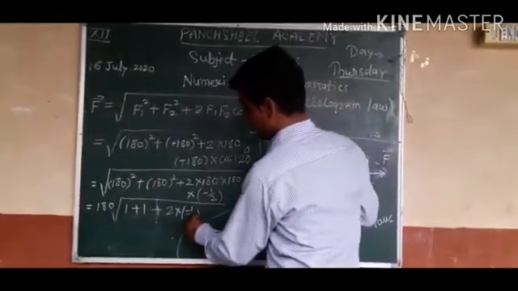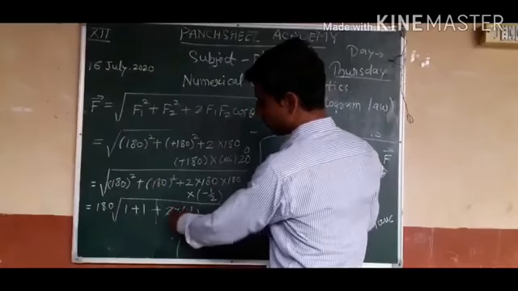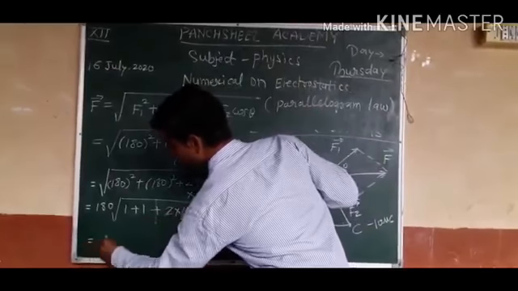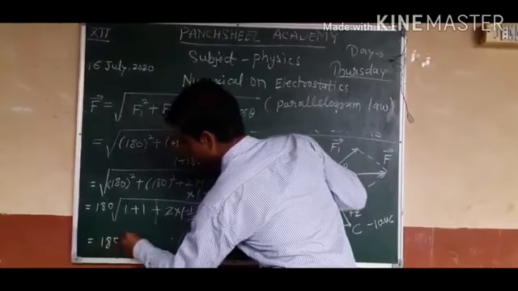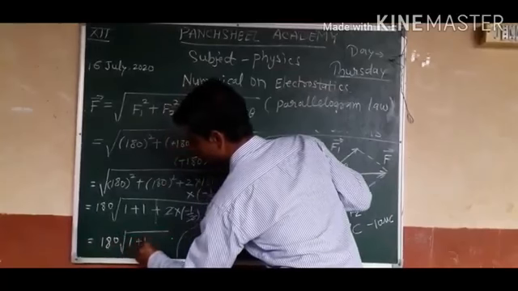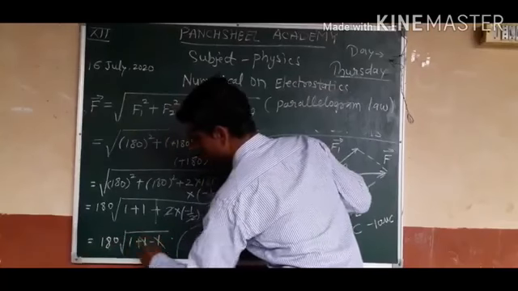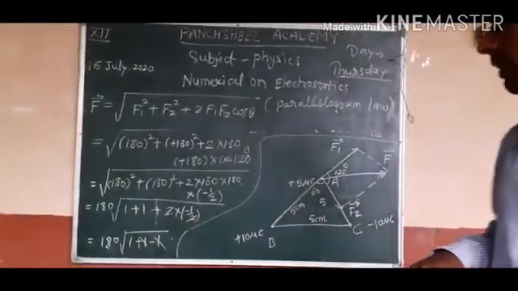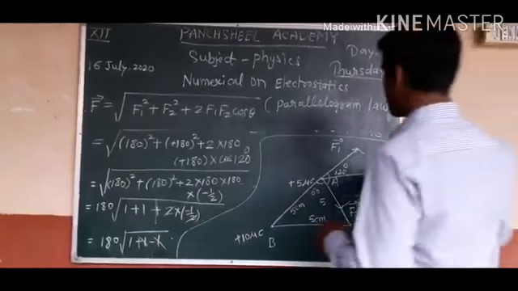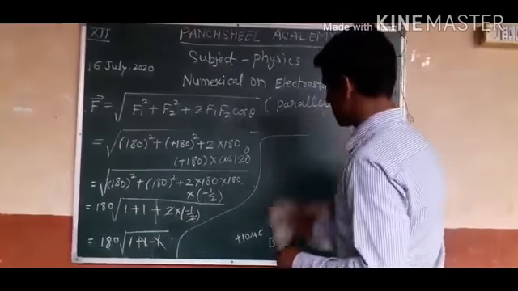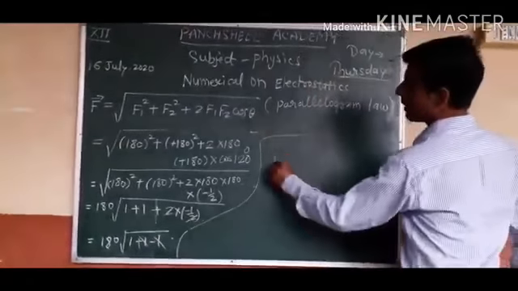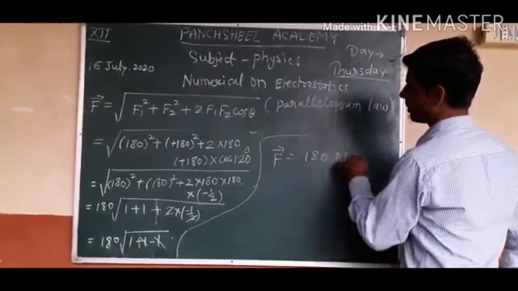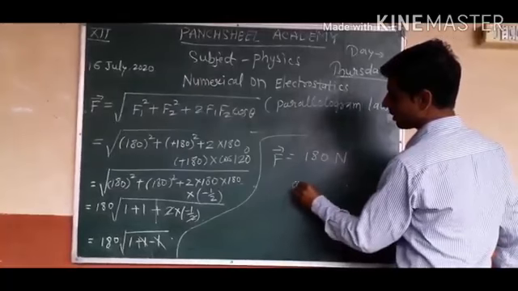So 2 and 2 cancel, minus 1 and plus 1, so 180 and in bracket 1 plus 1 minus 1, so plus 1 and minus 1 cancel out. You will get the value of F equal to 180 Newton. And what is the direction?